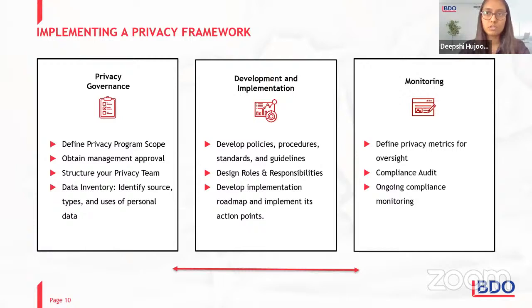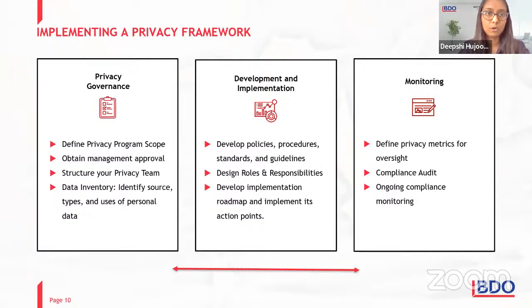This will enable us to define the scopes, and it is the questions that we need to ask in the first step. Second, once we are fixed on the scope, the next step will be to obtain management approval, which means, say you have key stakeholders involved on your project, so you need to have the budget and the approval to go forth with the privacy program framework project.